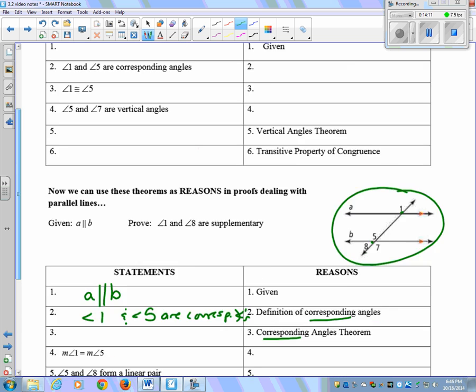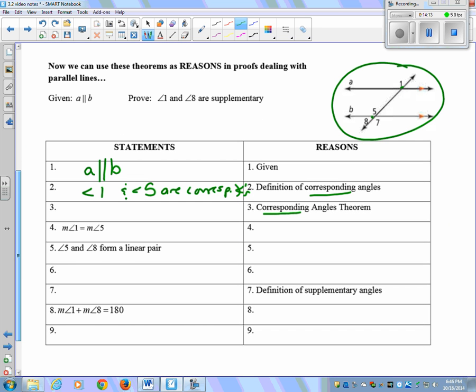So since we have this proof here, we know A and B are parallel, we can now say that angle 1 is congruent to angle 5 by the corresponding angles theorem. We've proven it, so we can now jump straight to that conclusion since we know the lines are parallel. Therefore, we can say the measures of these angles are equal by definition of congruent.